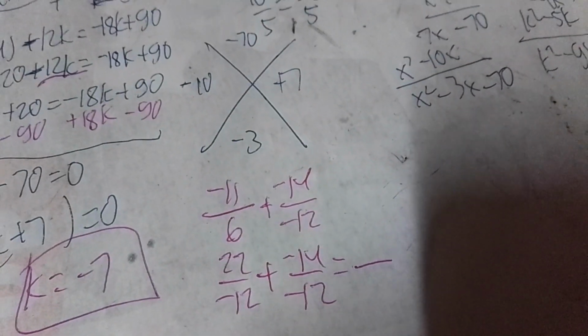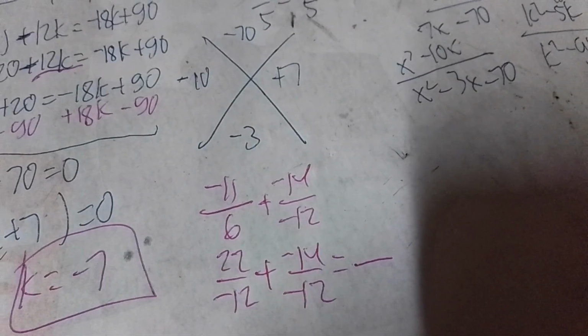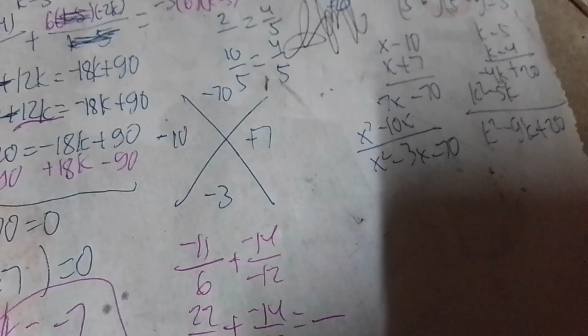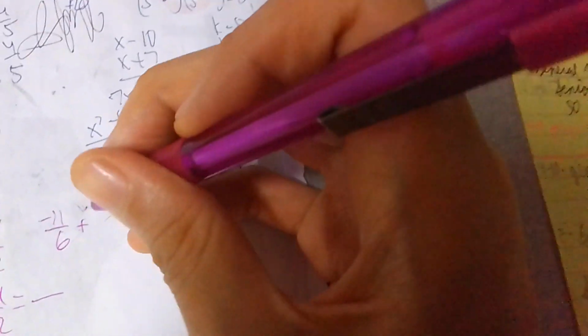Wait. Maybe that's wrong. Because remember, we have to multiply it by negative 2. So that's supposed to be negative. So therefore, we divide the negatives and that becomes positive. So we have both negatives here. So therefore, plus, what is that? Plus 14 over 12. Then we apply this one, we get the LCD.